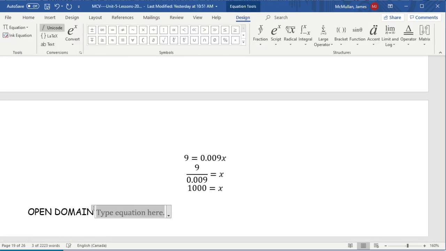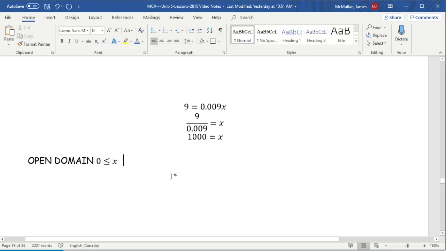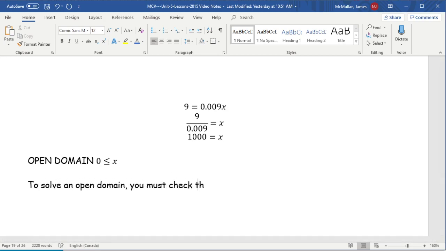So 0 is the lowest you can have, but there is no upper limit. So how do you solve it when it's an open domain? To solve an open domain, you must check the critical point. If there is only one critical point, prove it is a max.